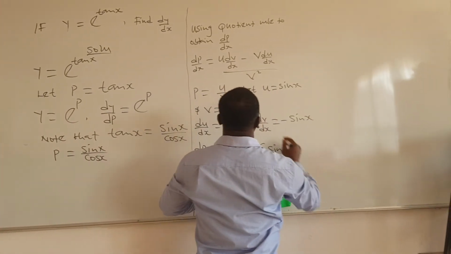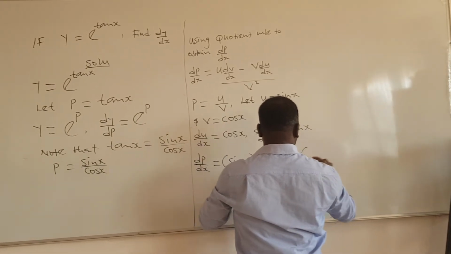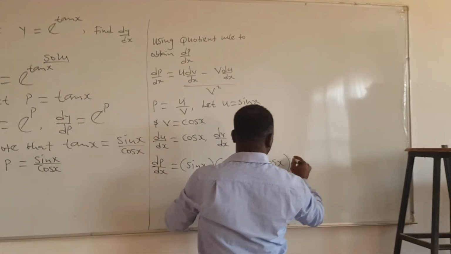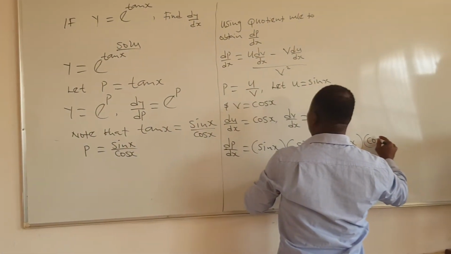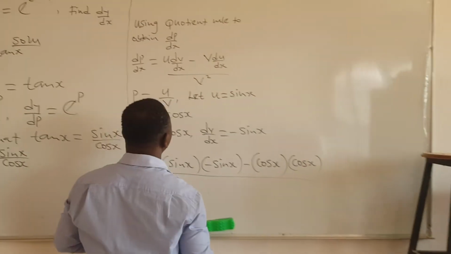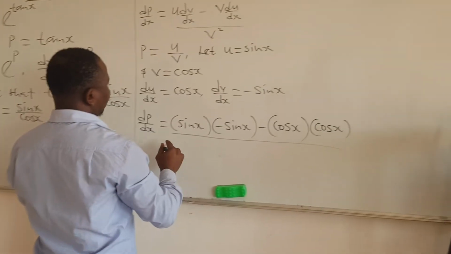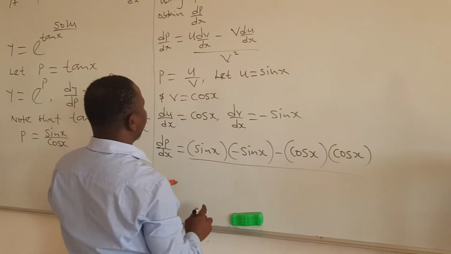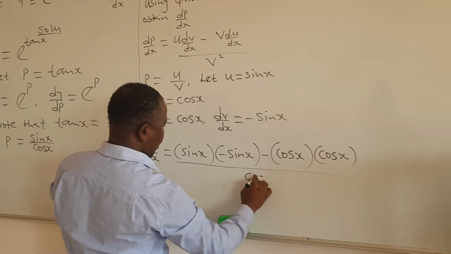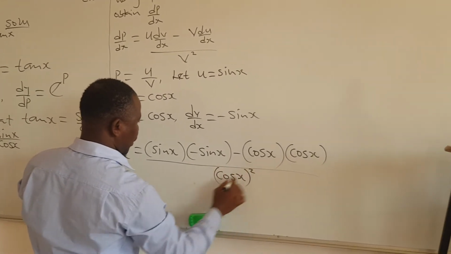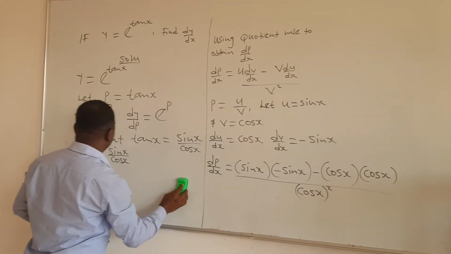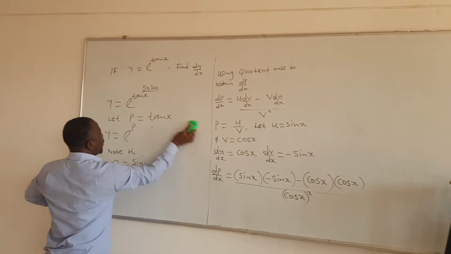Minus our ordinary v, which is cos x, and our du over dx, it will give us cos x. Then all over our ordinary v squared, that is cos x all in brackets raised to the power of 2.